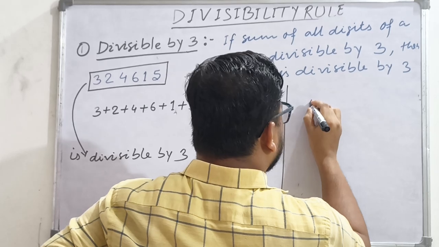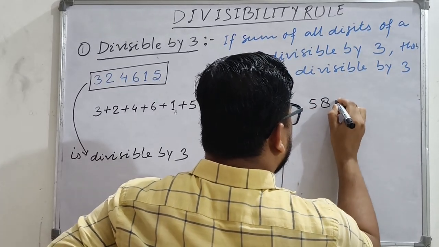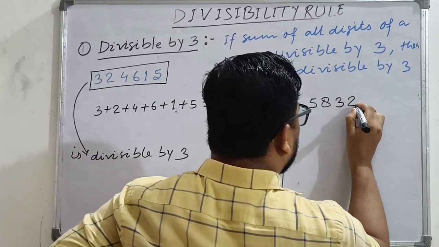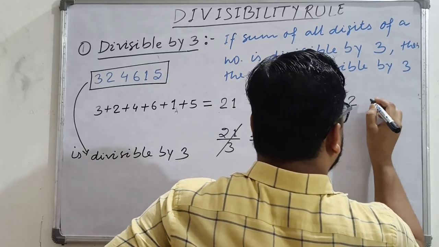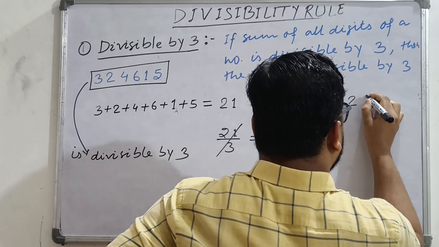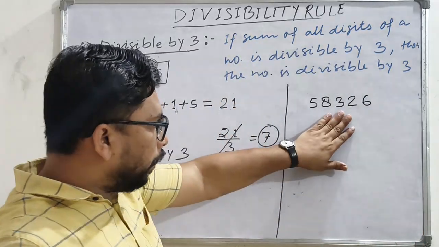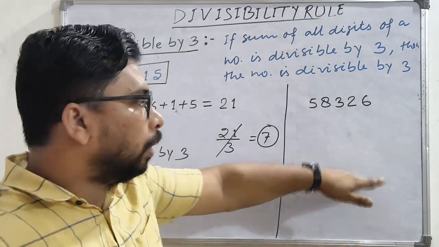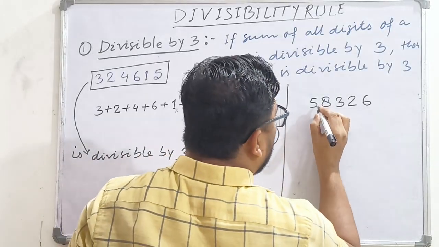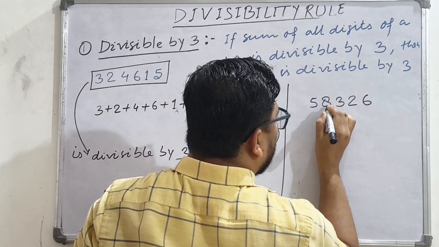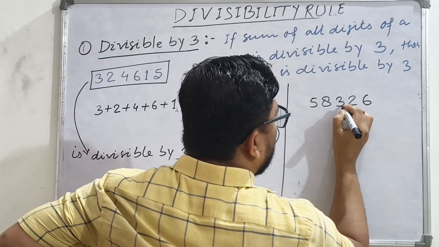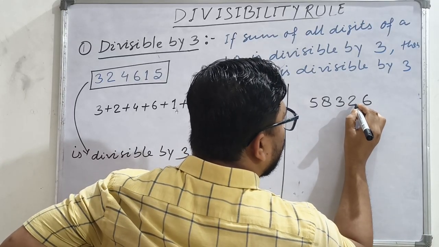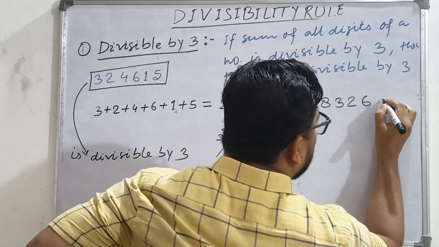Can you say that 5, 8, 3, 2 and 6, is this number divisible by 3? Yes. 8 and 5 is 13, 13 and 3 is 16, 16 and 2 is 18, 18 and 6 is 24.